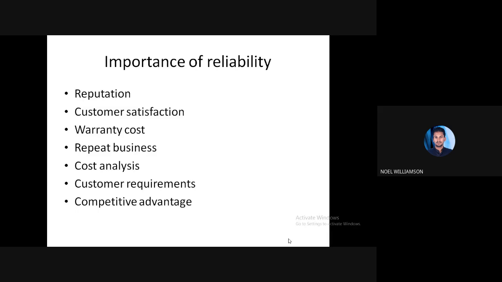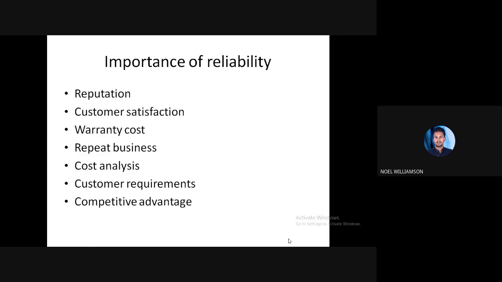Just by looking at the initial cost or operating cost, sometimes we may feel that compared to other products in the market, our product is not a profit, it is a loss.